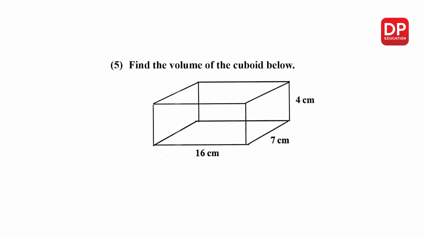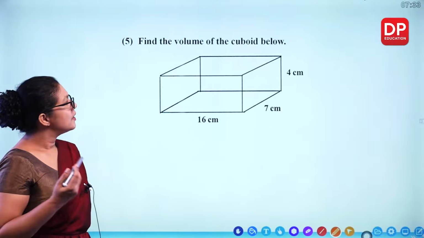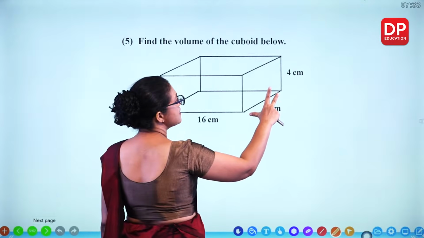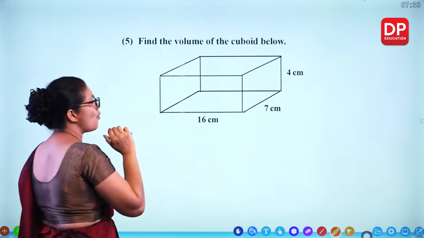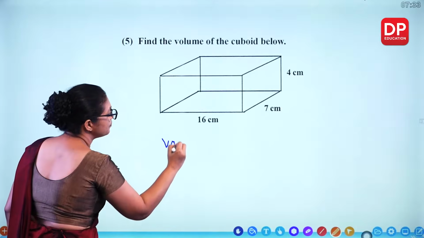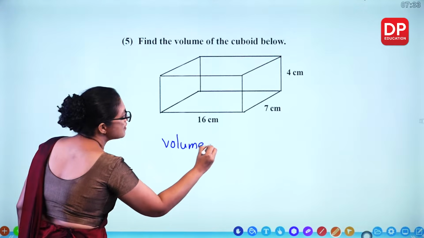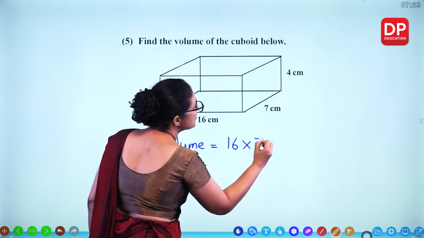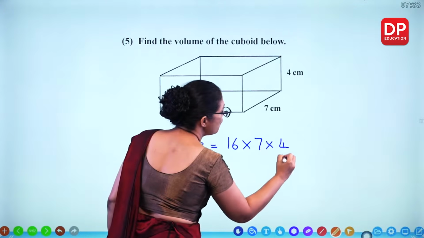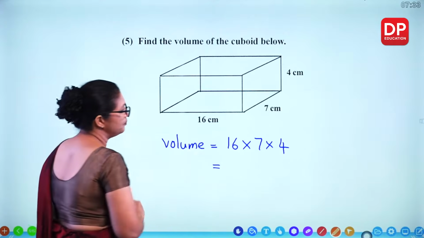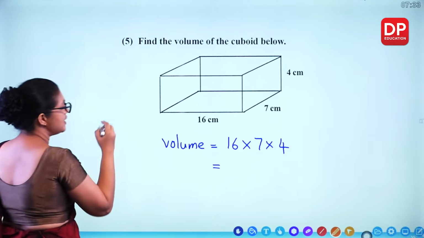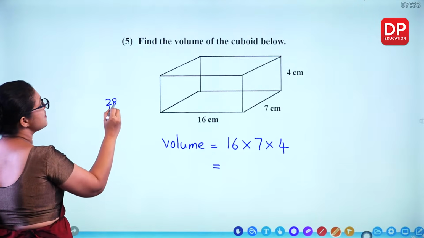Find the volume of the cuboid below. Again, length is 16, width is 7 and height is 4. So what's the volume? The volume of this cuboid is 16 times 7 times 4. Multiply. 7 times 4 is 28. 28 times 16.